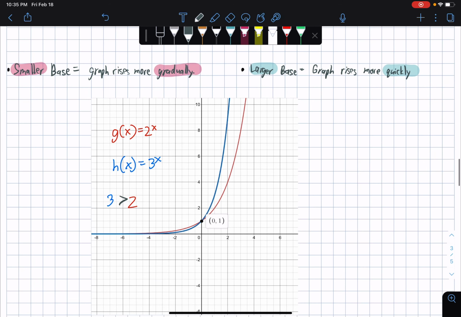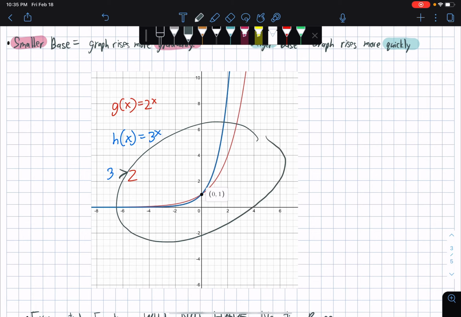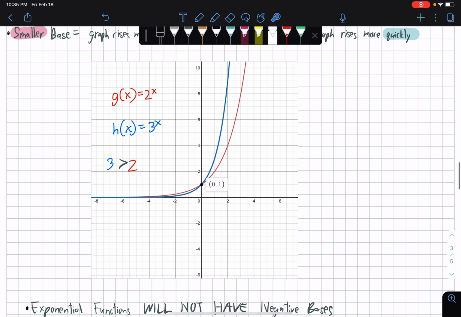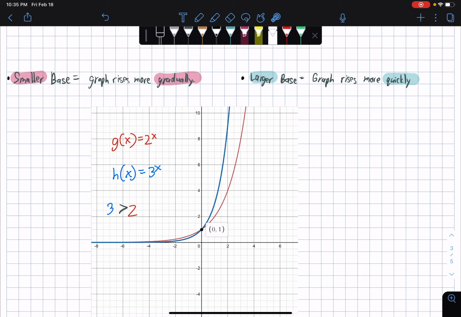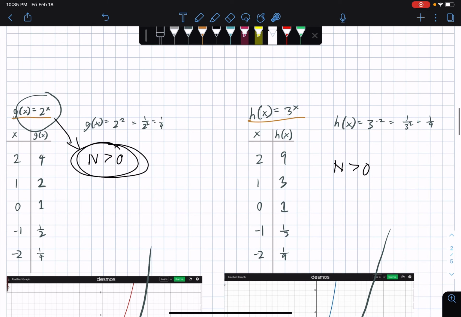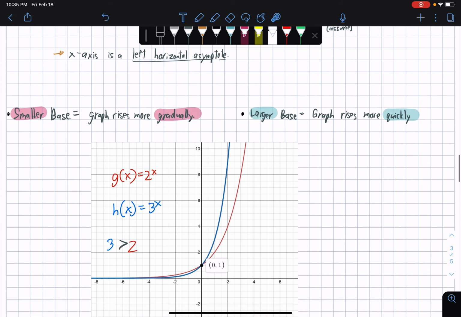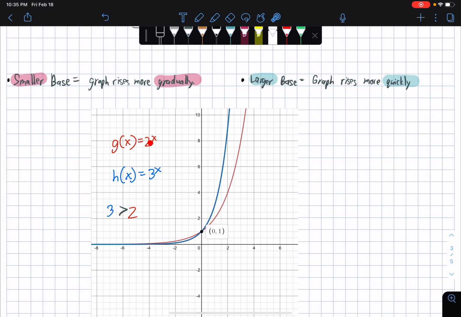Alright. In this graph, I included both the equations of g of x and h of x in one representation just to show the difference between a larger base and a smaller base, as long as they're greater than 0. With a smaller base, for instance g of x, which has a base of 2, the graph will rise more gradually, or in my own language, slowly.